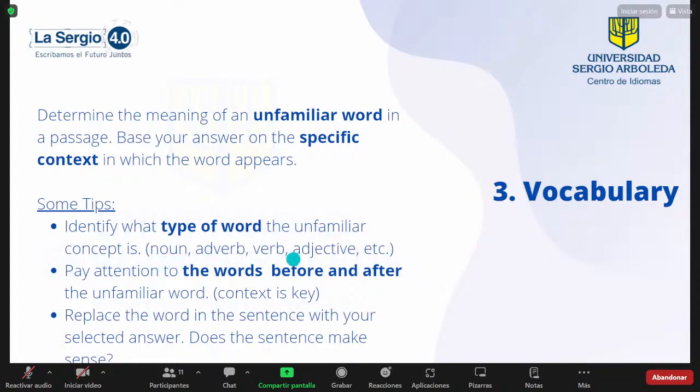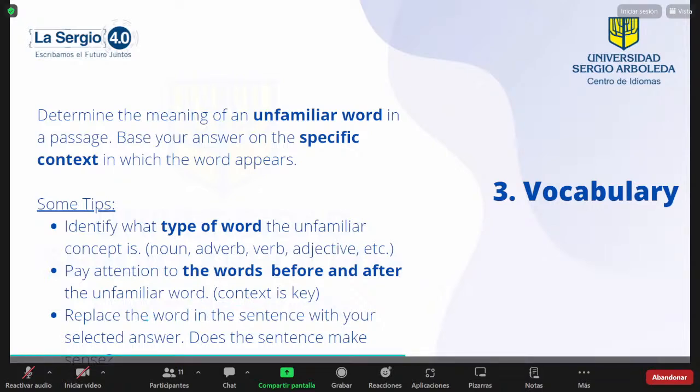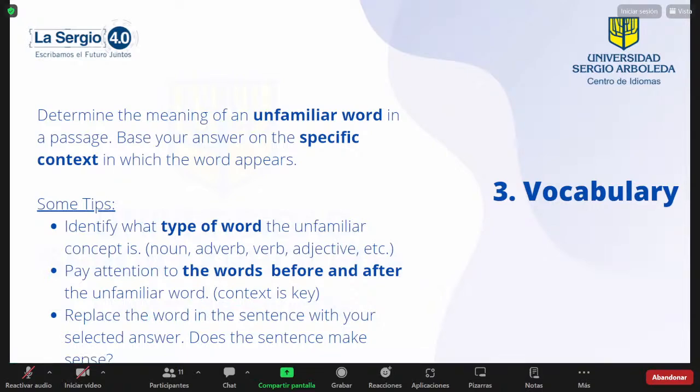Is it a noun, an adverb, verb, adjective, preposition? It's an adjective, and small is also an adjective. Usually you would always replace it with the same type of word, so both of them are adjectives. Or sometimes the whole expression would replace the adjective.